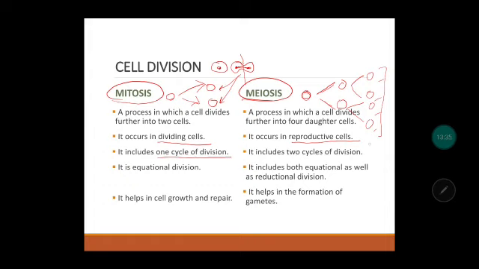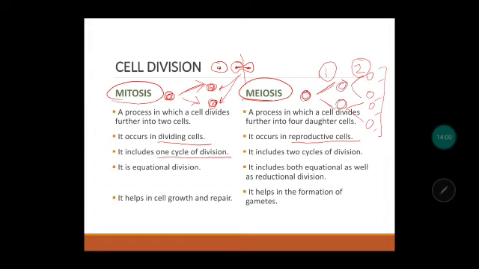In the case of mitosis, it is actually an equational division. Equational division means whatever was there here will reach here. But in the case of meiosis, the first cycle is equational and the second cycle is reductional. In the first cycle, like whatever the mother cell has, the same goes to the daughter cell.